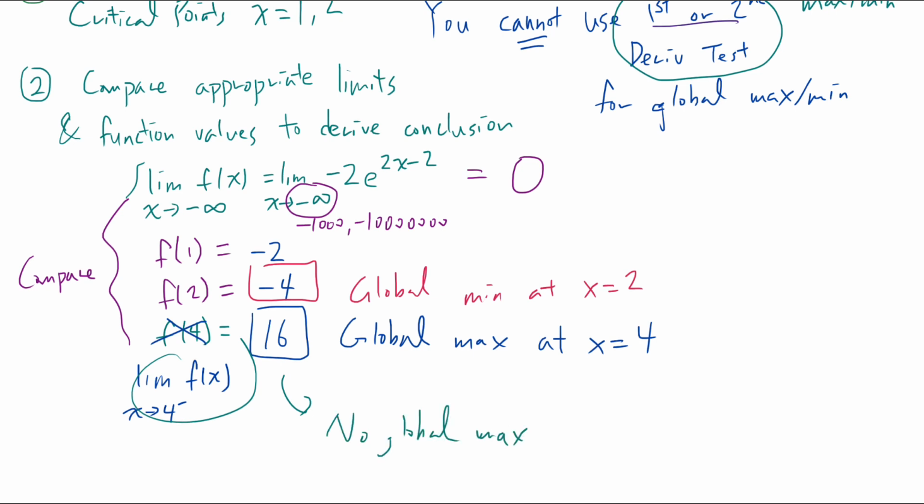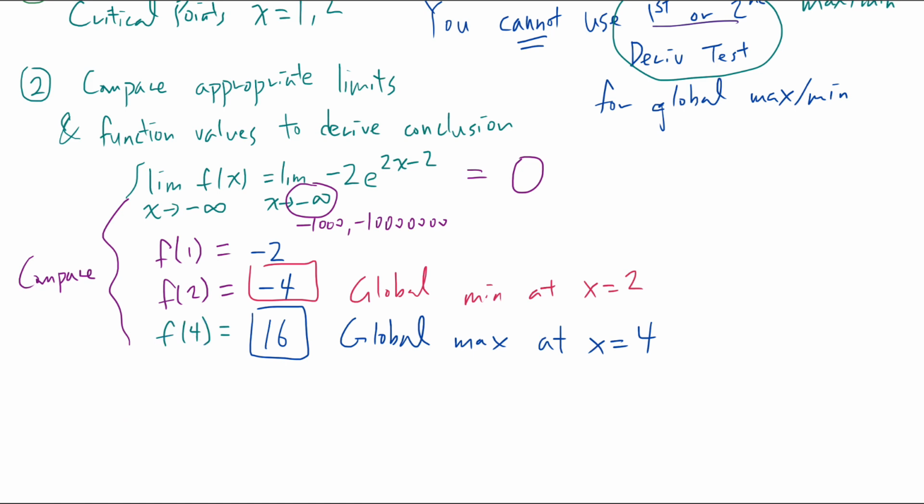So I guess in summary, if your largest value can only happen as a limit, then the conclusion is it's either no global maximum or no global minimum. But if your largest or smallest value can actually be achieved as a function value, then you know you have a maximum or minimum at that point. That summarizes a lot of things that can happen. I guess it's also possible that some of these values are the same.